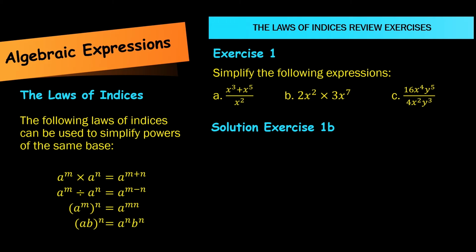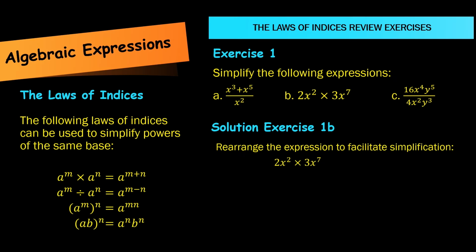Now for exercise 1b. We are first going to rearrange the expression to facilitate simplification. So put the constants together here, so 2 times 3, and the x's together, so here x squared times x to the 7.